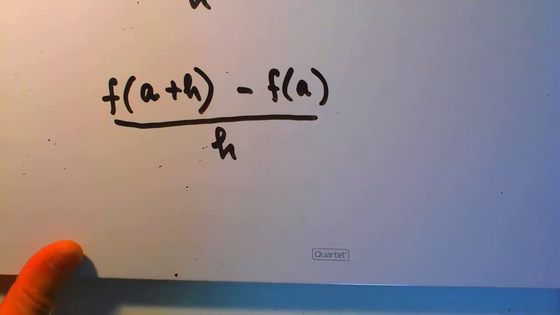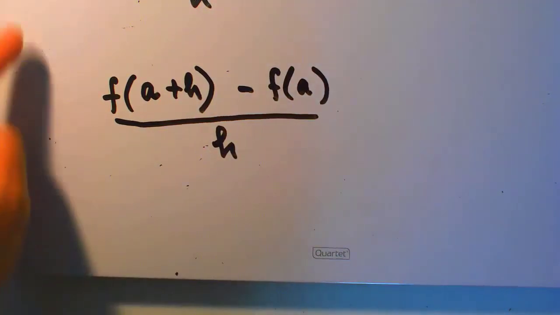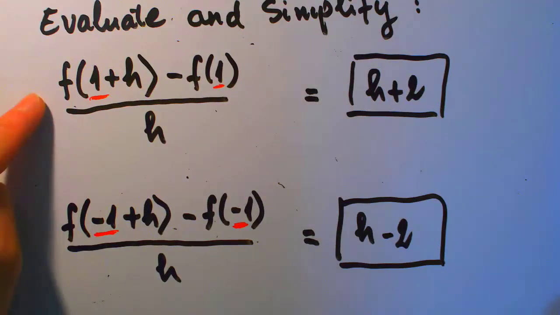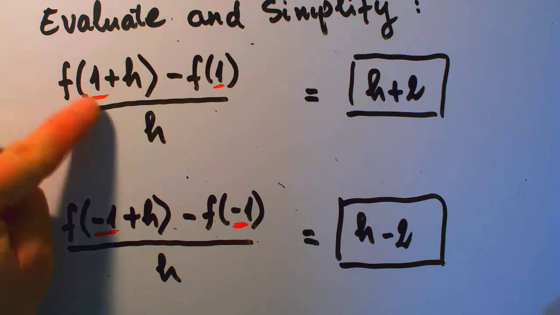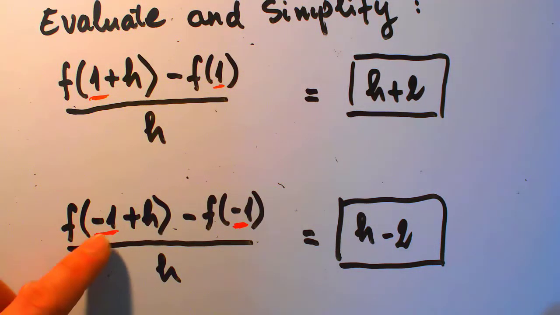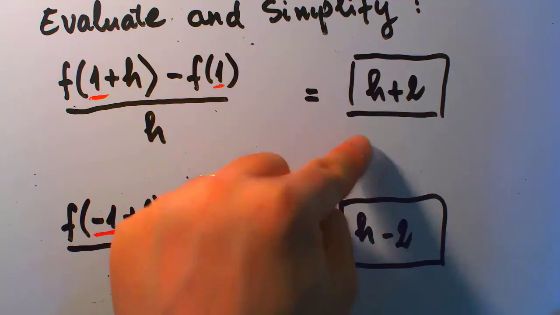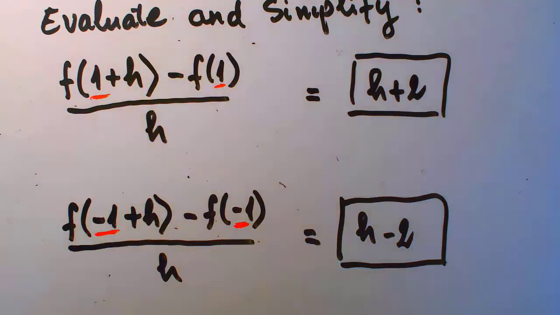This is the general setup throughout the two problems we did previously. So here's your a. In the earlier example, your a was 1. In the one we just finished, your a was negative 1. And these were the two final simplified answers to your two different setups.